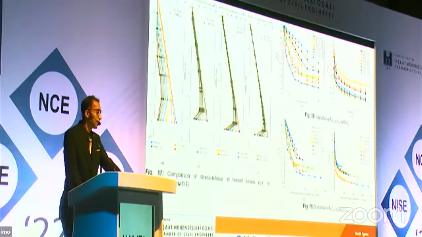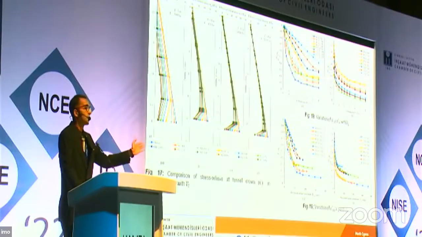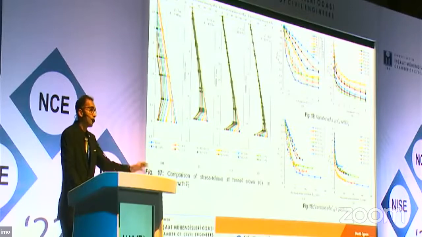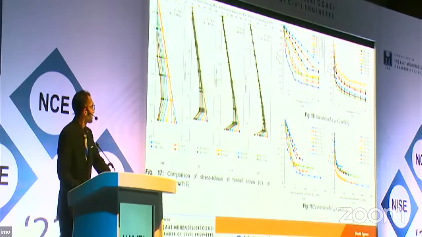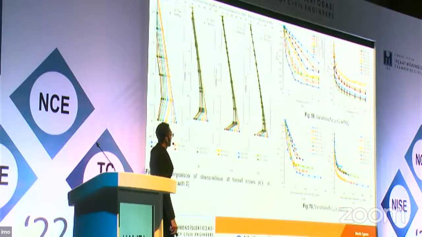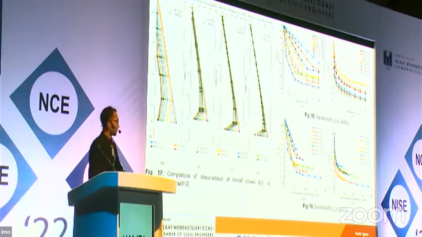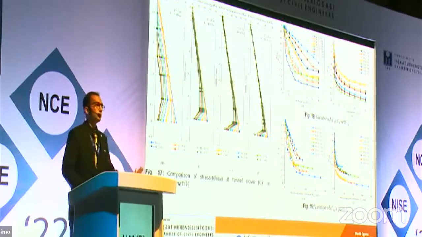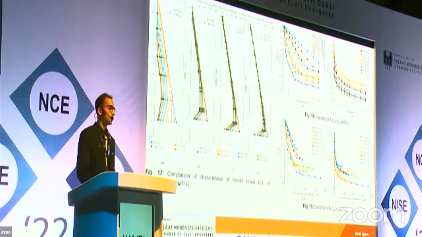Here I would like to highlight how the tunnel lining stresses can vary. If I specify one of the examples, these are the initial stresses, and as the volume loss increases, there will be certain stress relaxations. I'm sorry, just 1 minute.